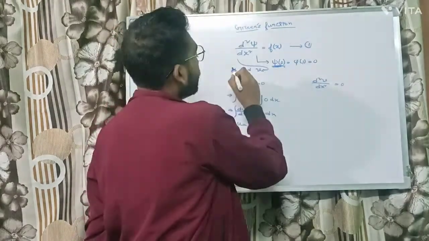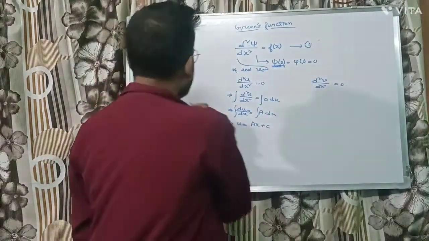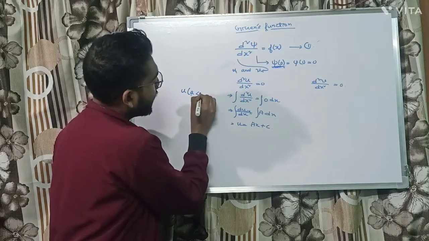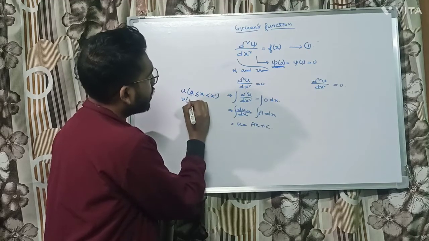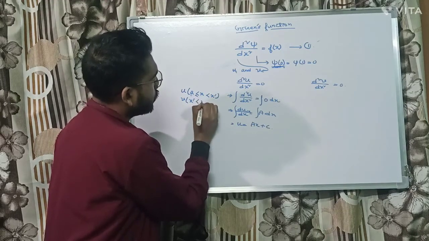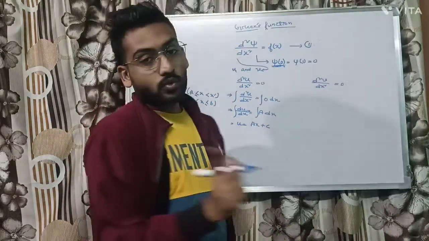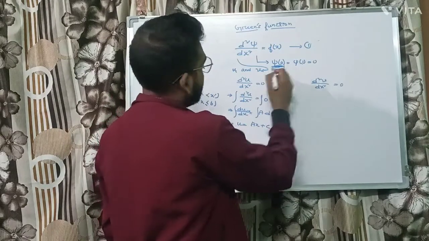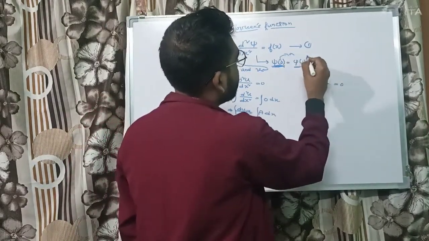So the function u I have considered here is for the interval a to x dash, and v is for x dash to b. Okay, so u is going to follow these boundary conditions, and v is going to follow these boundary conditions, because these are the values of a and b.